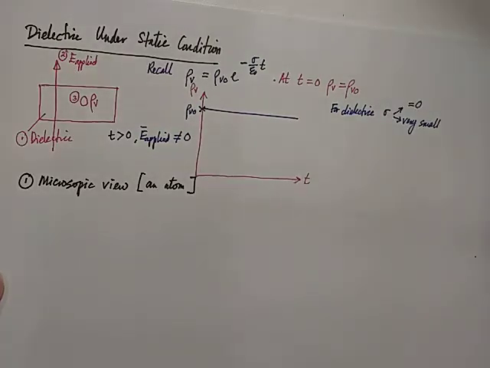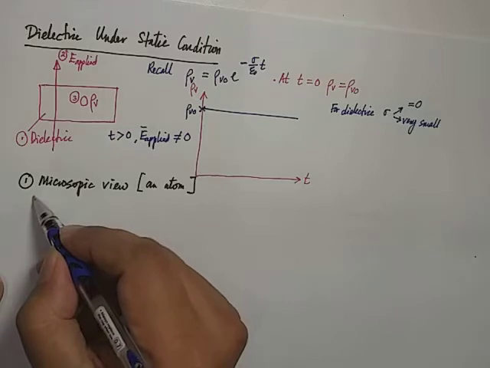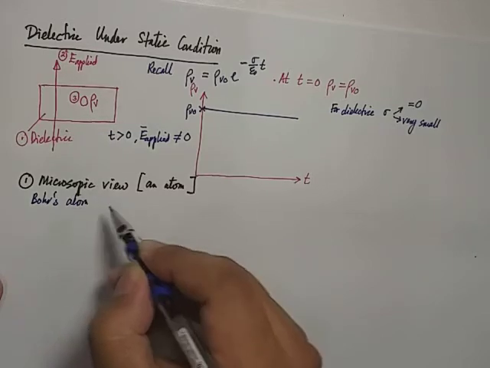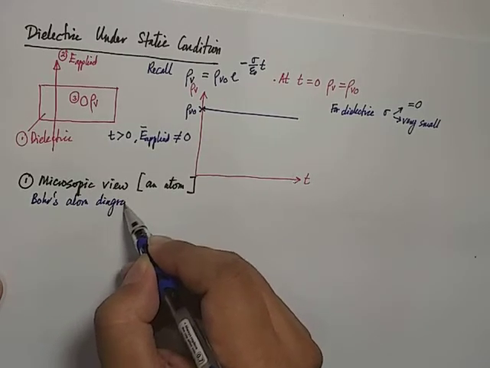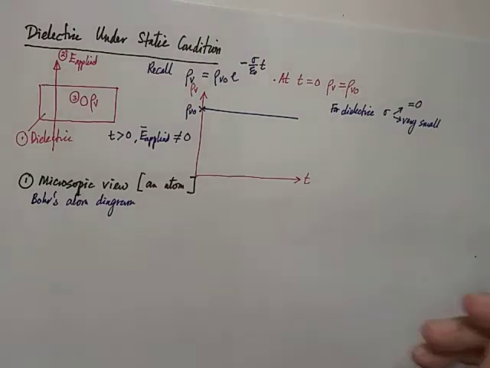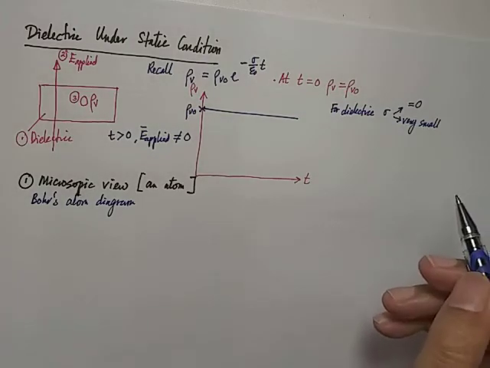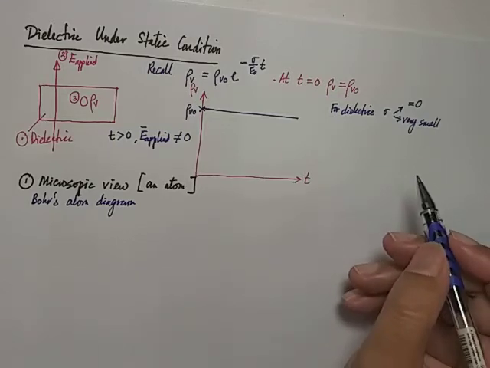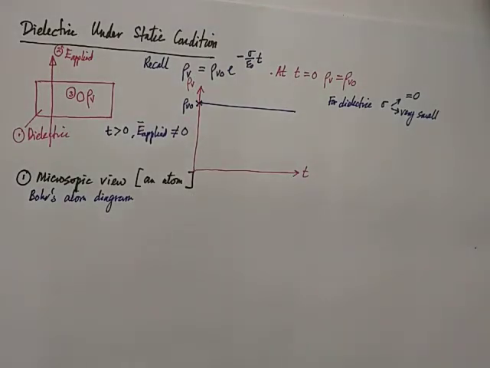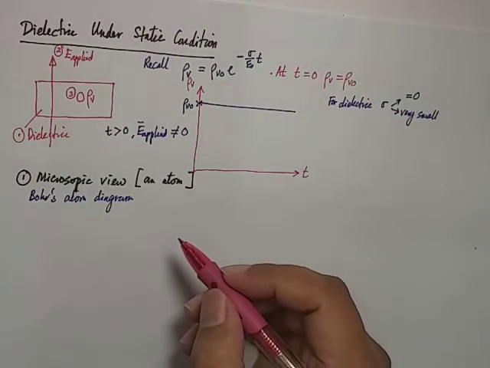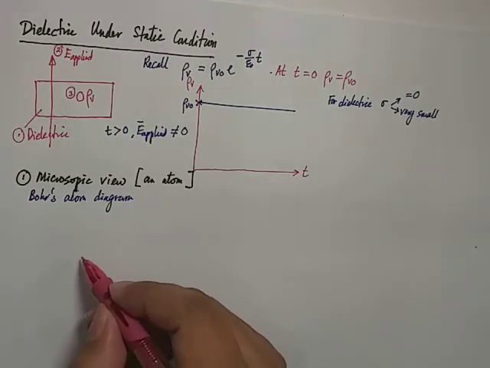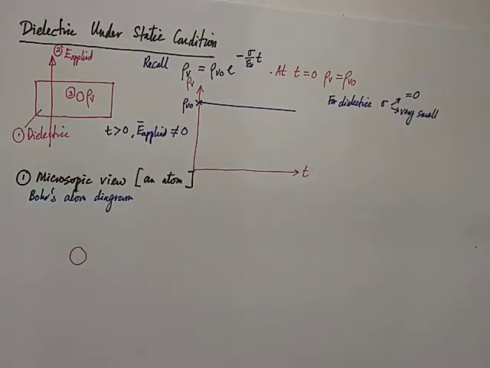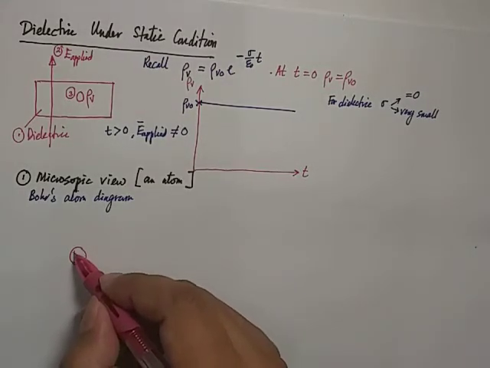To talk about that idea, we're going to refer to what is known as Bohr's atom diagram. We're going to recall how we represent an atom, using what is known as Bohr's model. As you have learned in physics and other subjects, an atom can be divided into two main components. The first component is the nucleus, which contains a lot of positive charge.